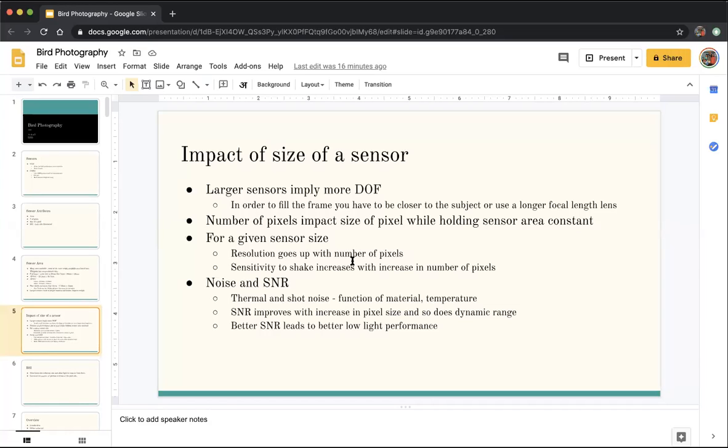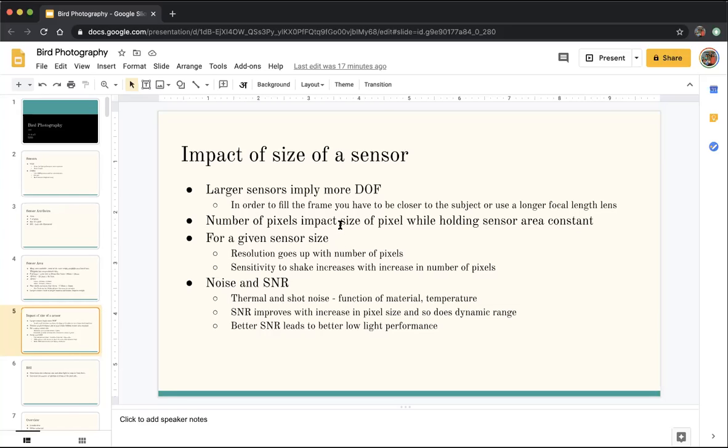It's actually a little bit smaller than that because of spacing. But that's a good way to understand what you might get in terms of signal to noise ratio or low light performance.